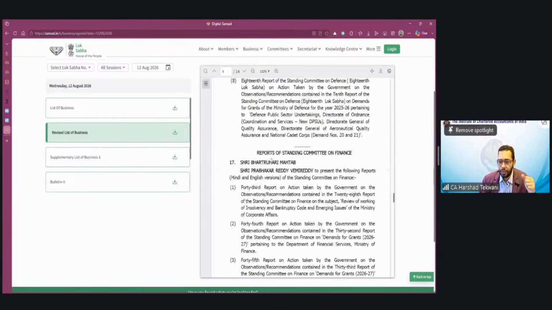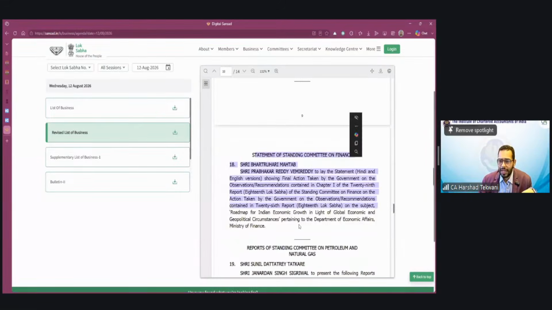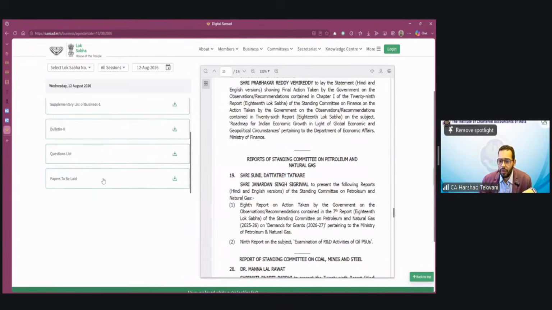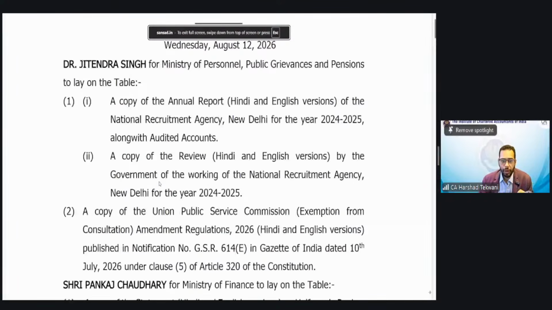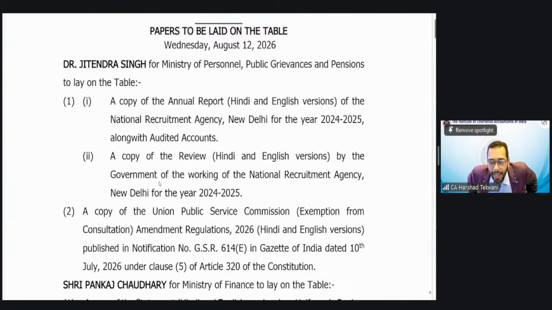I'll show you reports of the Standing Committee on Finance. And if I talk about papers to be laid, these are the papers to be laid on the House of the Lok Sabha, which includes a lot of things. Let me zoom in for you. You can see a copy of the annual report of a particular agency, New Delhi, for the year ended with the audited accounts.